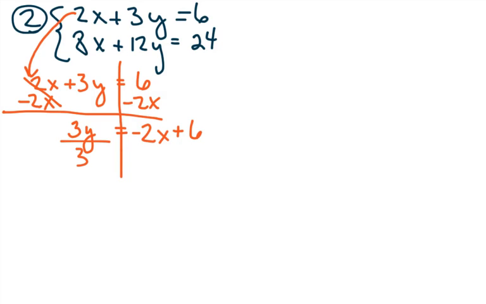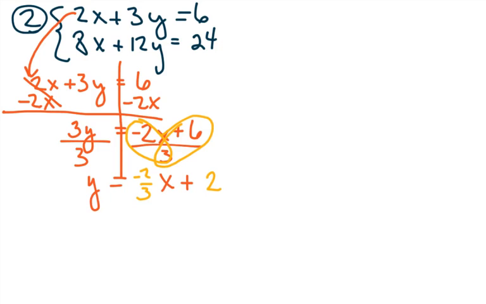Now we divide everything by 3, so we get y equals negative 2/3 x plus, and then here we're going to have 6/3, but that simplifies to be 2. So we get y equals negative 2/3 x plus 2.